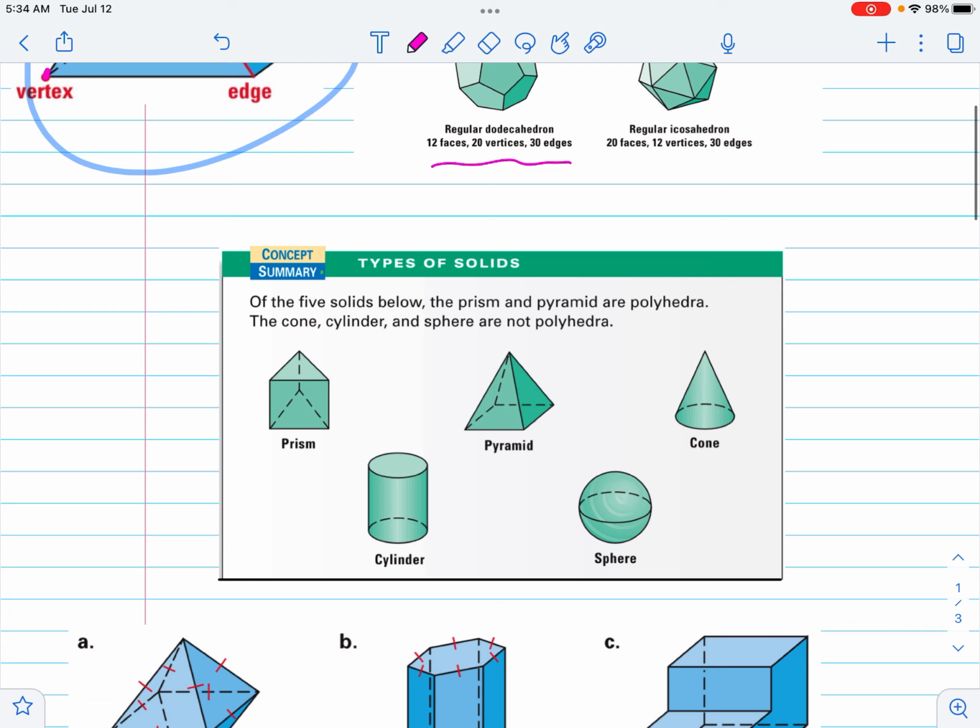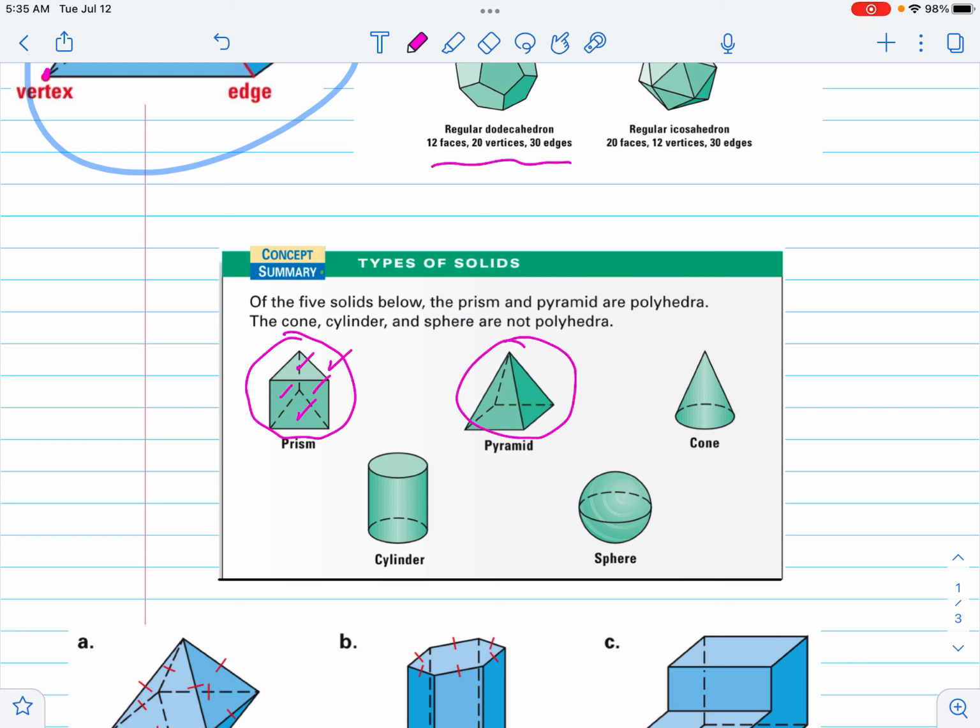But as far as identifying a polyhedron, is a solid a polyhedron or not? Well, your main concern is, is it formed by polygons? For example, this one here, it's formed by polygons. You can see all that makes up the faces on this thing are polygons.